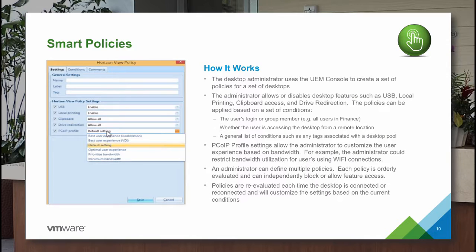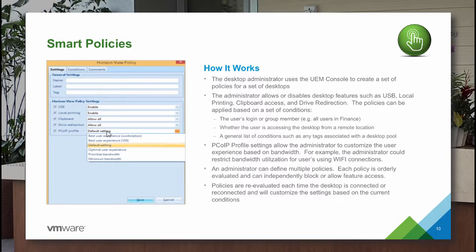The policy can be applied based upon maybe their group or their AD or their OU that they belong to, whether the user is accessing the desktop from a remote location. Maybe you want to slow down bandwidth for something like that, and then you could build out a generalized list of conditions such as maybe tags. Where they're accessing gives them a certain tag that accesses a specific set of machines. Those specific machines then get access and applied these smart policies.